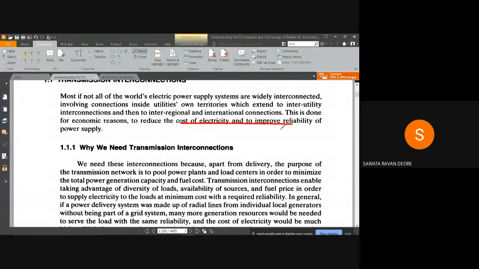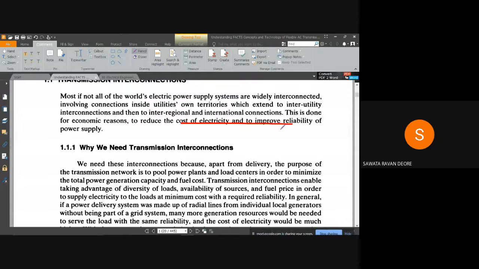Similar to that, diversity of load can also be used. As we know, during the 24-hour load cycle there are peak load periods, normal load periods, and so on.